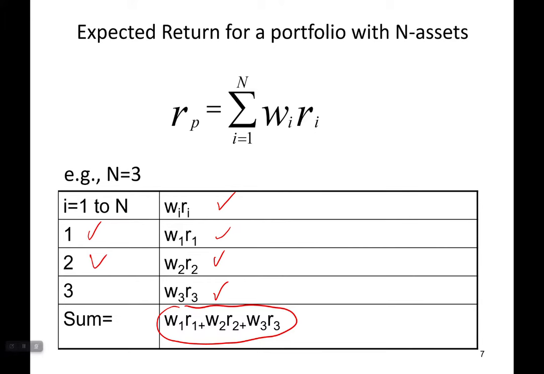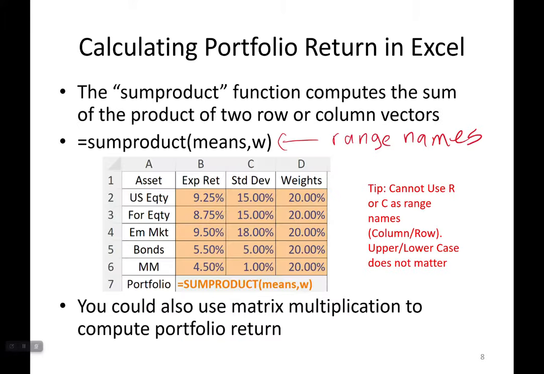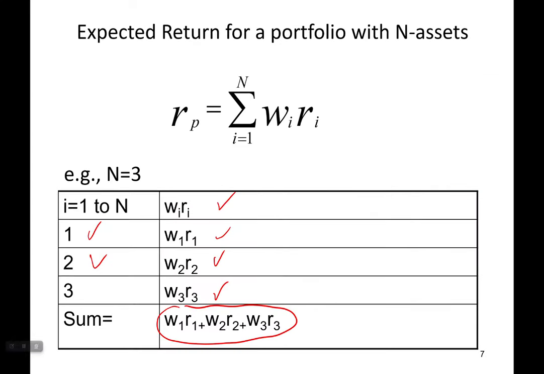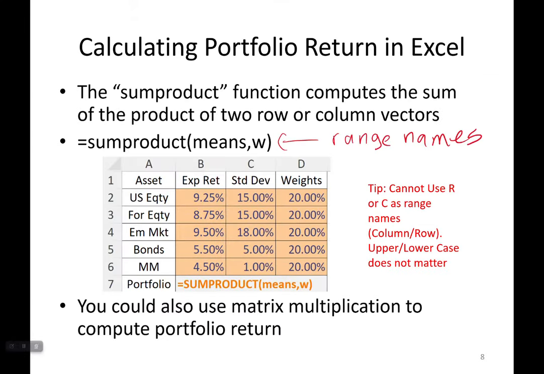All right, now to do this in Excel, it's pretty simple. We're going to use something called sum product. So when we use a sum product, we just say take all the contents in a particular row times another row, and take the sum of all the products.